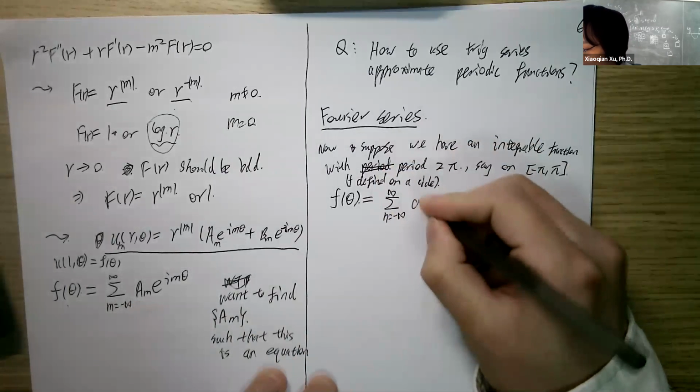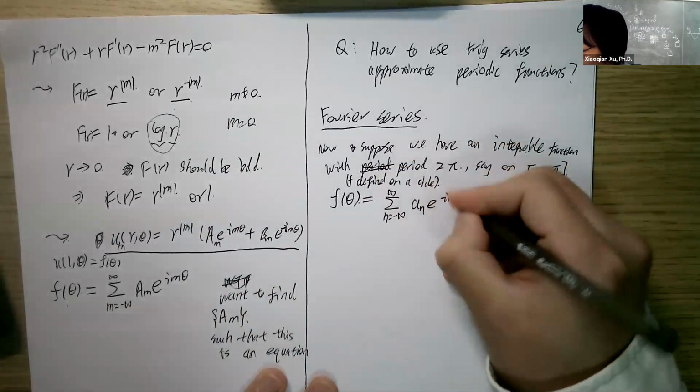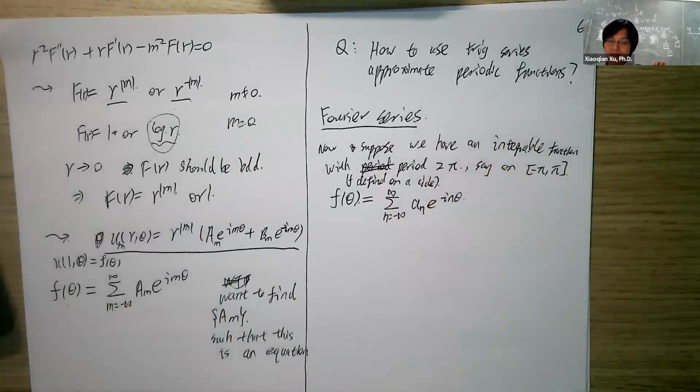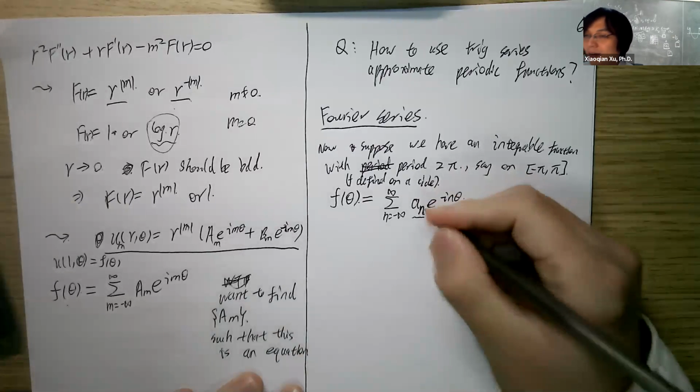Here we used am, but here let's use an. And then let's try to see what kind of an it must be. If we already have this result, then we may guess something like what an is.